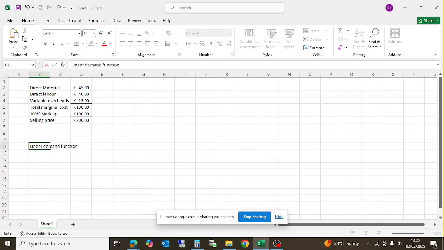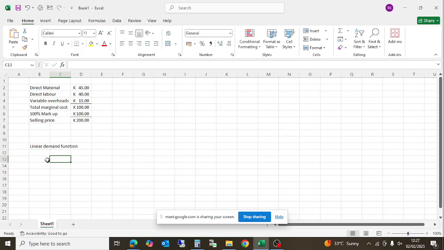This is basically a formula in business economics that we use to show the relationship between the price of a product and the quantity demanded, and also the price when the demand is at zero, and a slope which represents the change in price per unit and the change in quantity.